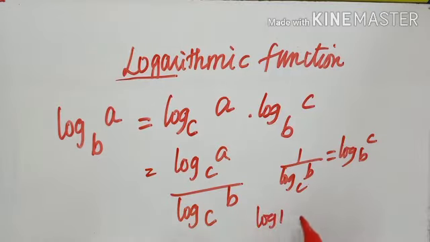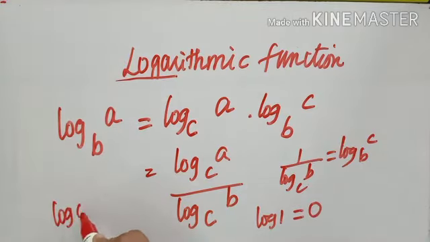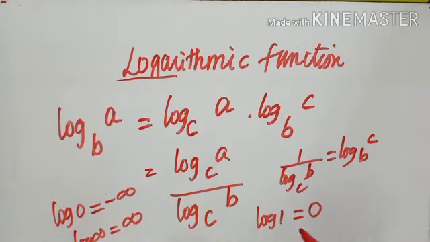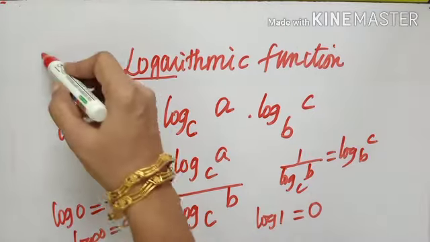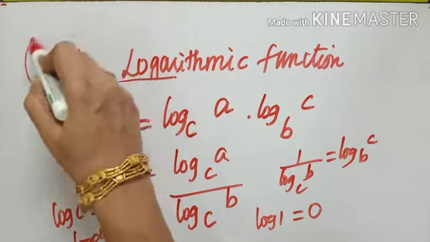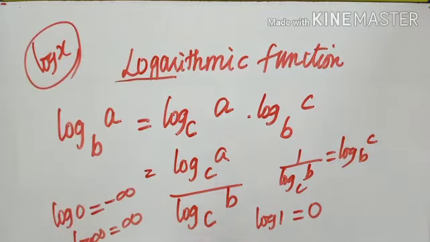What is log 1? Remember, the value of log 1 is 0. What is log 0? Log 0 itself is becoming minus infinity. Log infinity will become infinity. So these values tell me log is defined only for positive values. So whenever I have log x, the domain is only positive values.